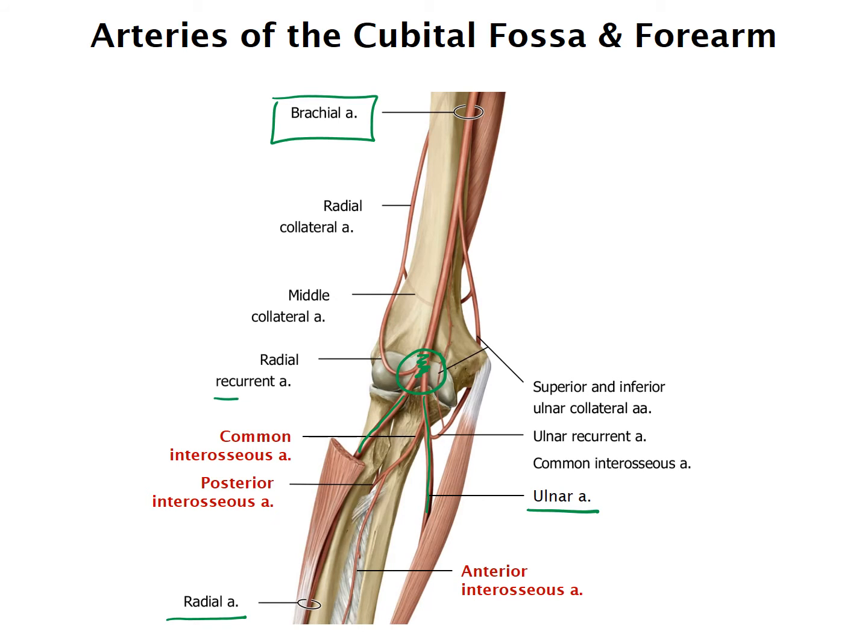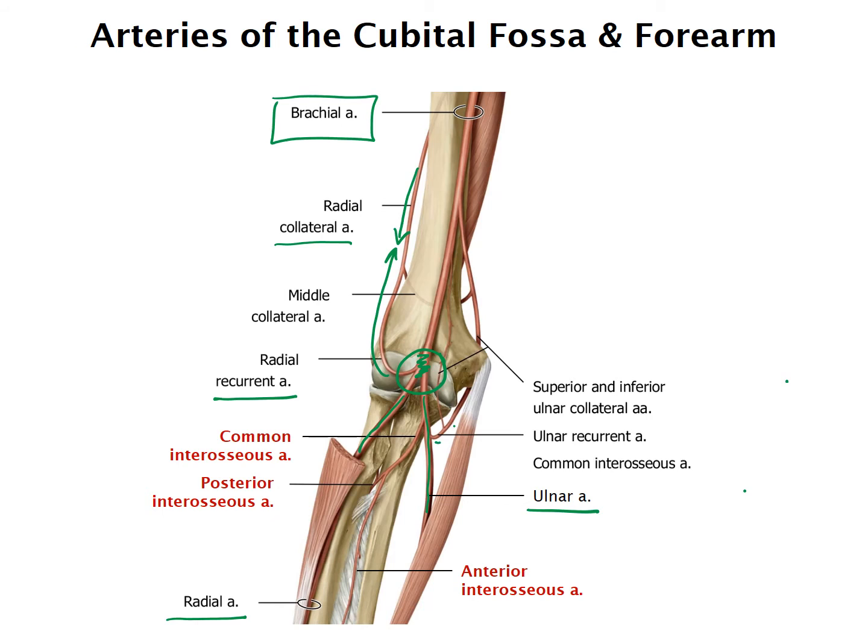The recurrent vessels are those which turn back onto themselves and head proximally, whereas collateral vessels run in parallel to the main vessels. So here's the radial collateral vessel running distally, and here's the recurrent radial artery running proximally. The same is true on the ulnar side.